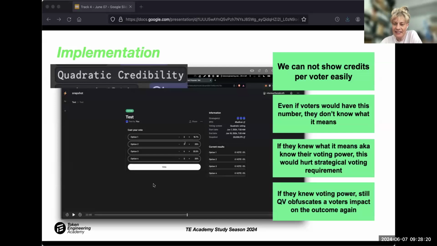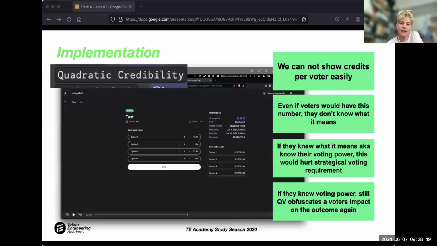And last but not least, if they knew their voting power, after all, we still have this general challenge of quadratic voting, that your actual impact on the total voting outcome depends on the number of people who come in and take part in the voting. So it changes in the course of the voting, and it also changes due to the actual NFTs.